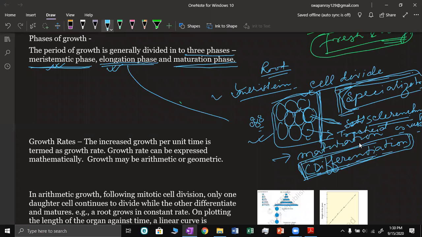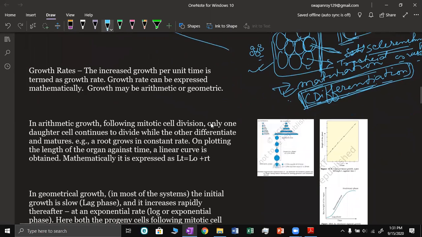So different types of structural changes take place, and this is known as the maturation phase. So these are the phases of growth: meristematic, elongation, and maturation phase.